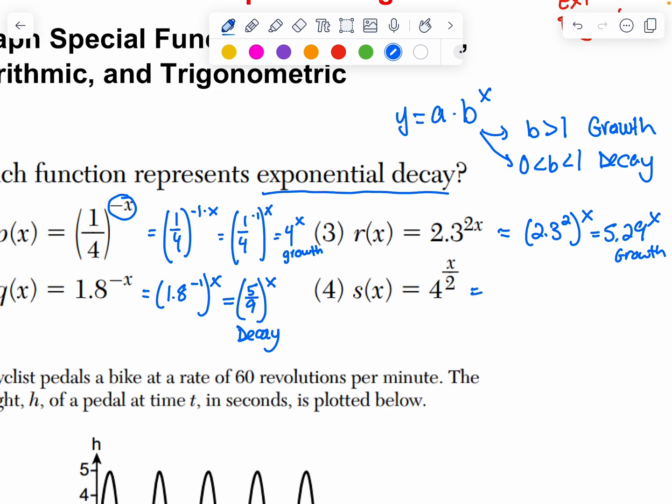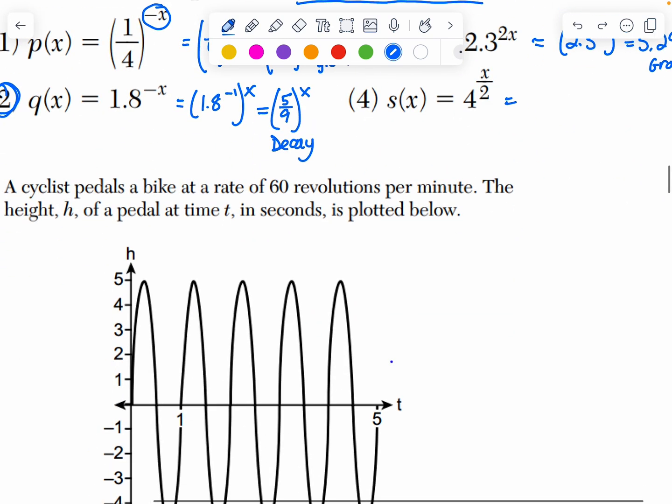For this one, x over 2 is the same as 1/2 times x. So if I give that 1/2 power to the 4, that's taking basically a square root of 4, because remember that the denominator becomes your index.